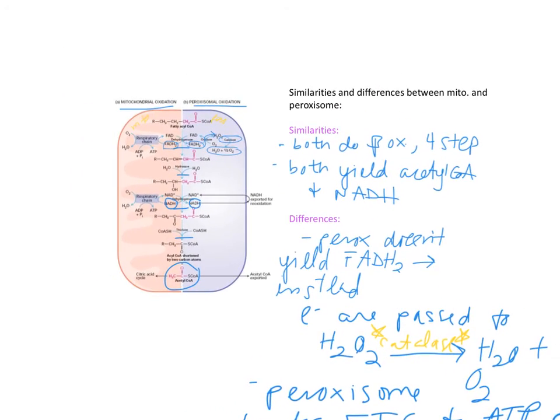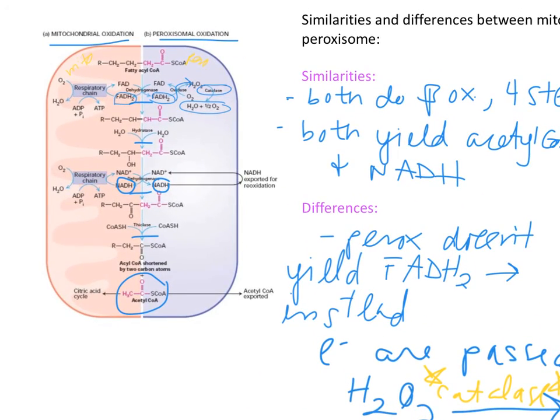Okay, so let's look at this again. We haven't gotten to the electron transport chain or ATP synthase, but we will. That's coming up next. But you'll notice that the electrons from NADH in the mitochondria are passed to the electron transport chain. That's this part. And then that is used to power ATP synthase to make ATP. Same thing with FADH2. Electrons are passed to an electron transport chain.